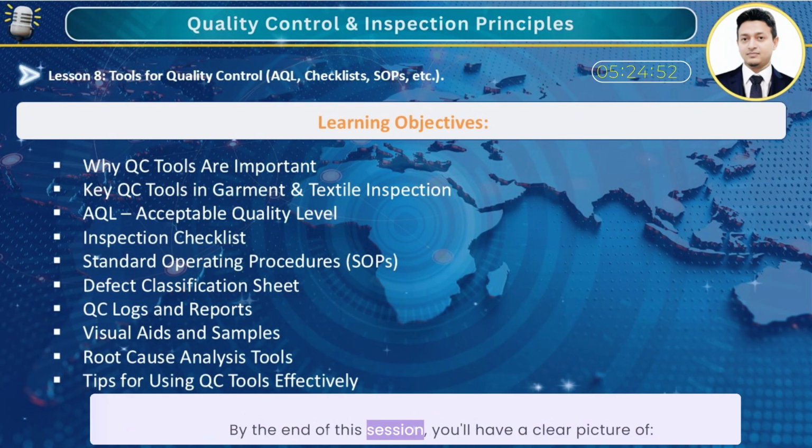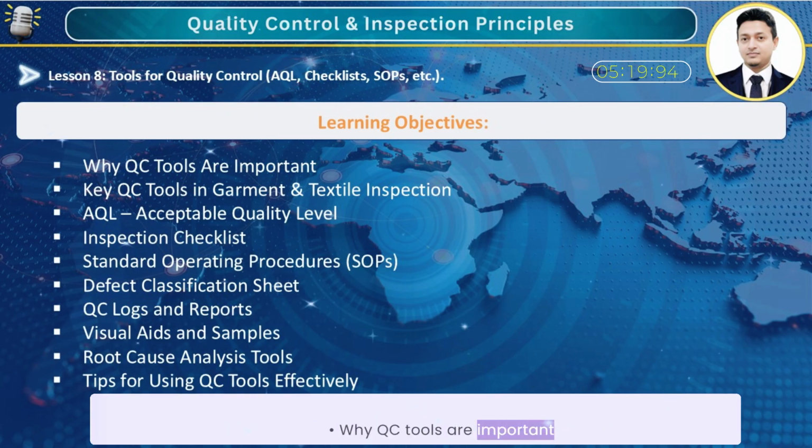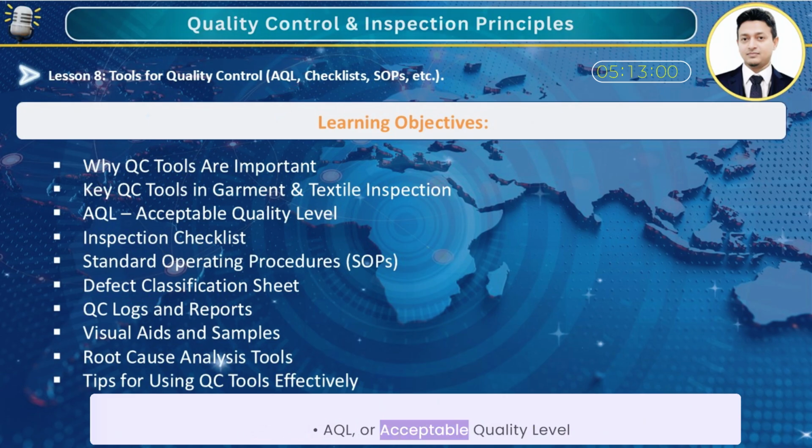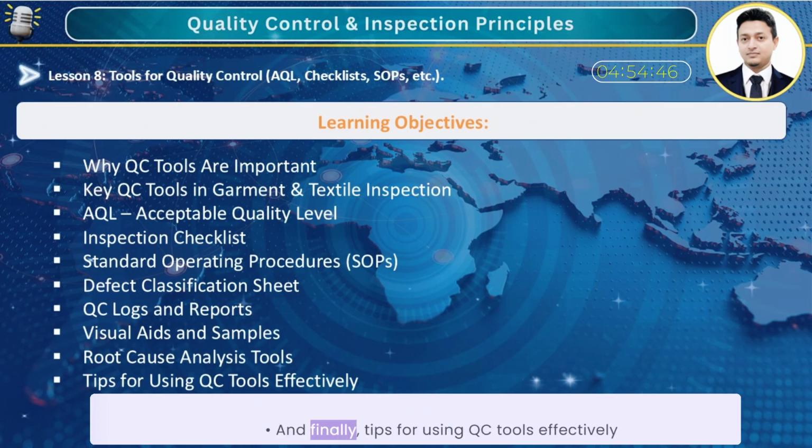By the end of this session, you'll have a clear picture of why QC tools are important, the key tools used in garment and textile inspection, AQL, or acceptable quality level, inspection checklists, standard operating procedures or SOPs, defect classification sheets, QC logs and reports, visual aids and samples, root cause analysis tools, and finally, tips for using QC tools effectively.